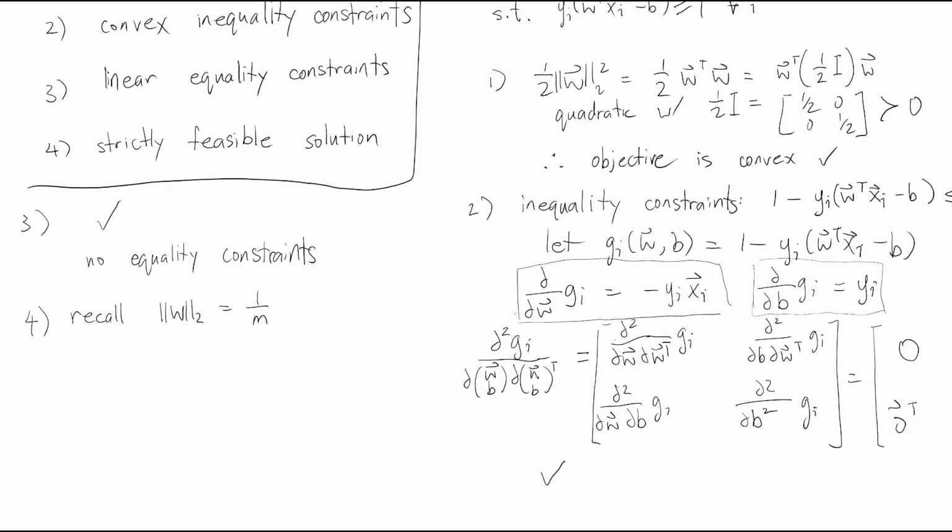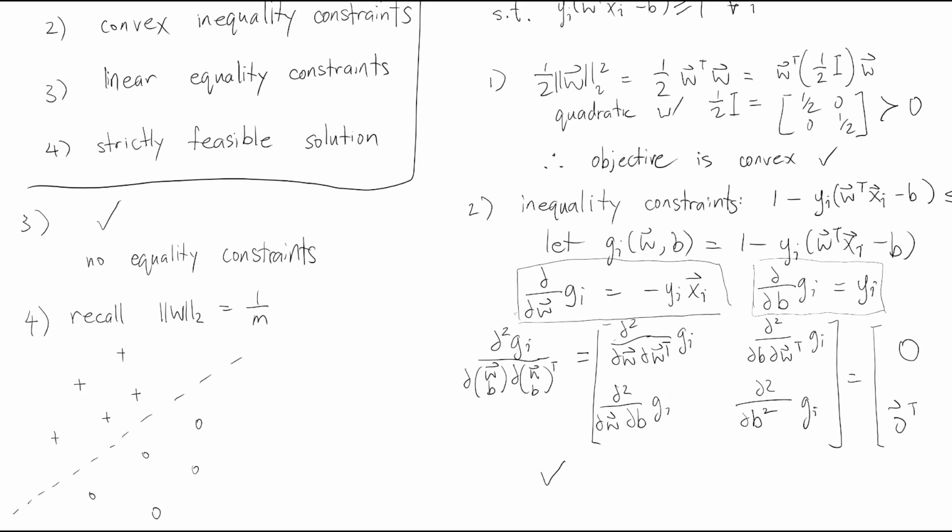Also remember that for SVM, we are given a bunch of data points which have different labels, plus or minus 1. Assuming that the data set is linearly separable, meaning that we are able to find a decision boundary that separates these two classes, whatever line we pick will have some margin.